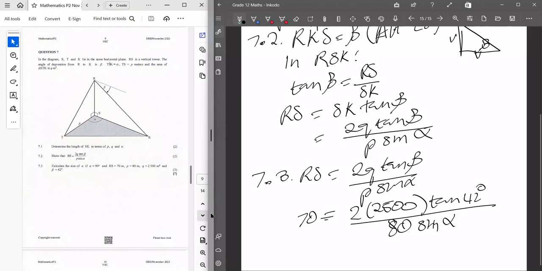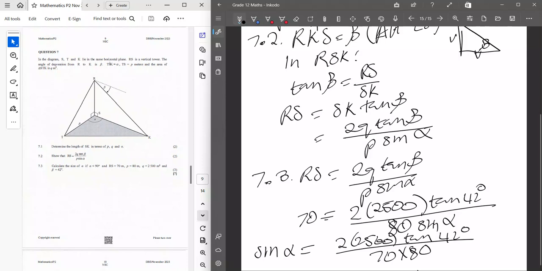So sine alpha equals 2,500 tan 42 degrees over 70 times 80, right?